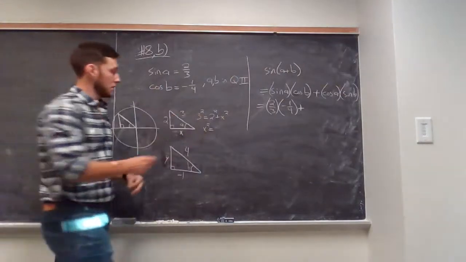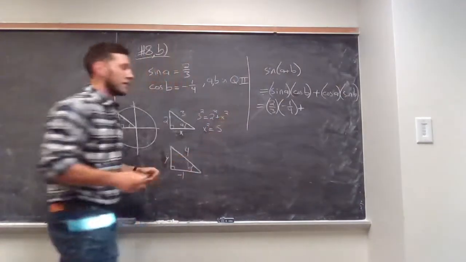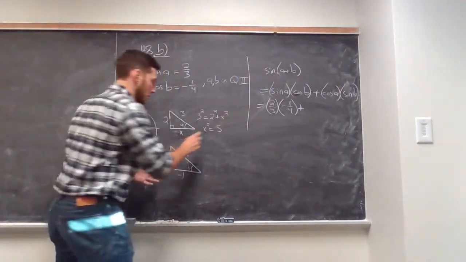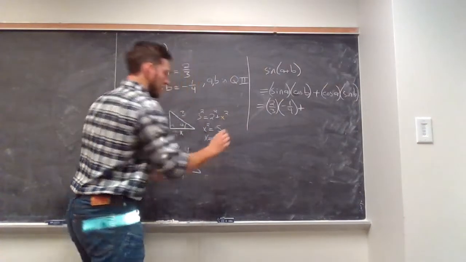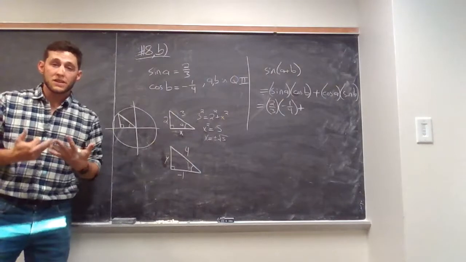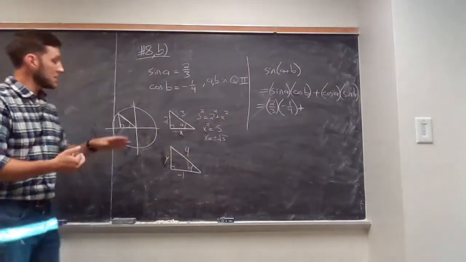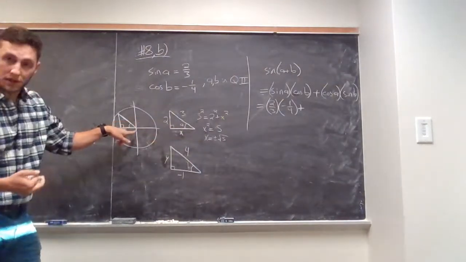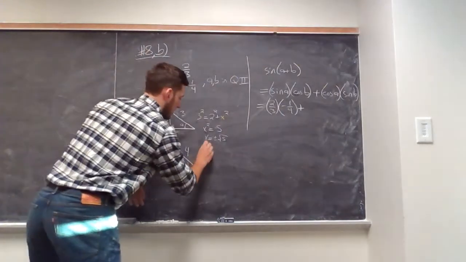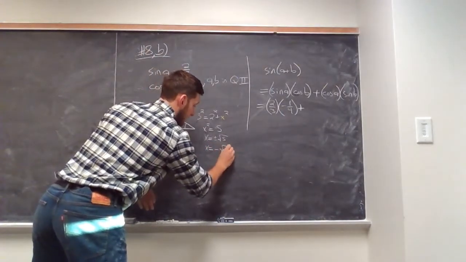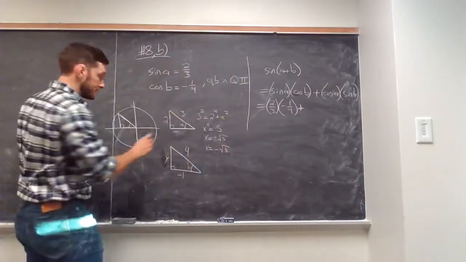Take away 4, we'll get x squared equals 5. So x will equal plus or minus the square root of 5. In this case, we want to take minus because we're talking about an x-coordinate in quadrant 2. So x equals minus square root of 5.